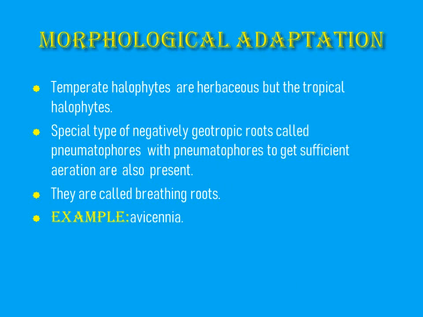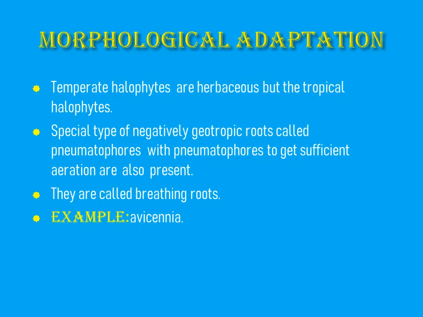Morphological adaptation: temperate halophytes are herbaceous, but tropical halophytes are not herbaceous. A special type of negatively geotropic roots are found in these plants, that is called pneumatophores, with pores. Through the pores aeration is present, and it respires through these pneumatophore roots.